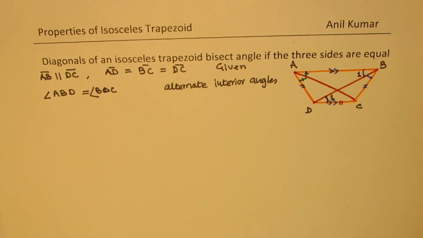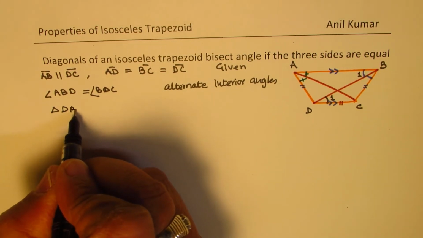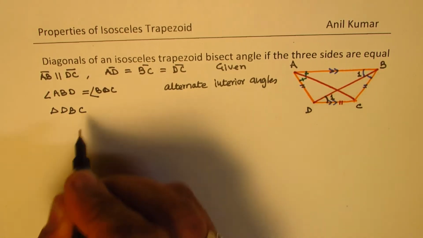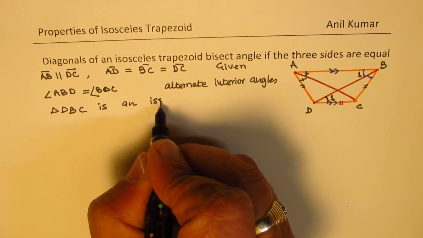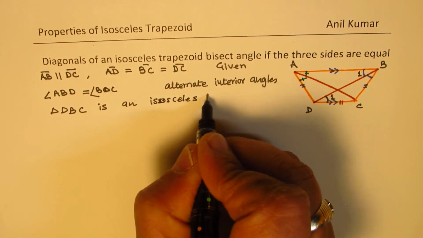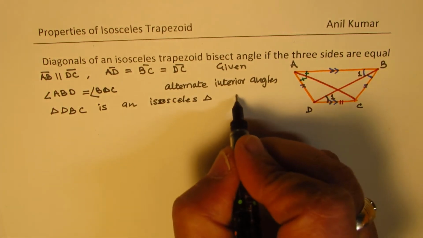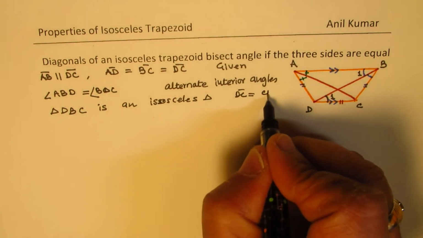Right. Now you also observe that triangle DBC right here is an isosceles triangle, since we know that DC is equal to CB.